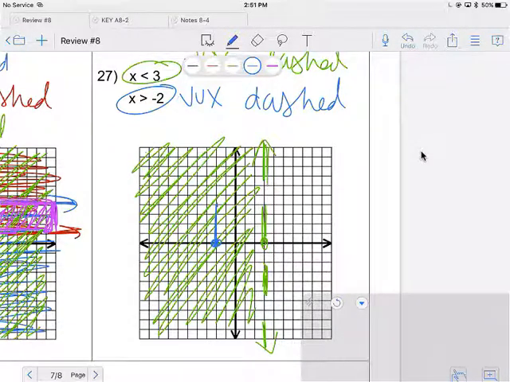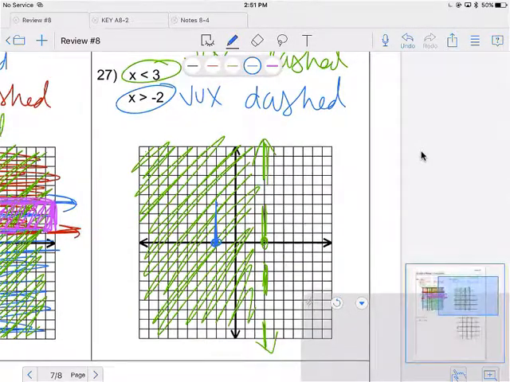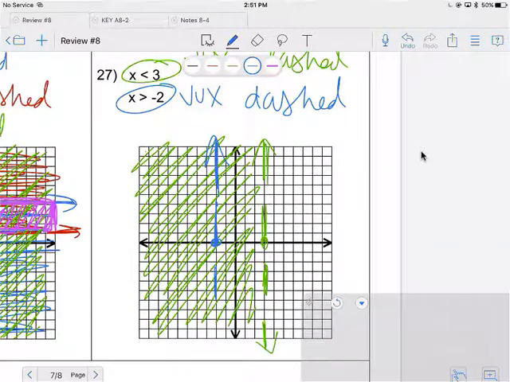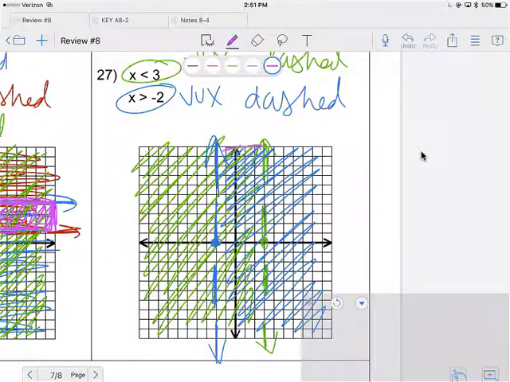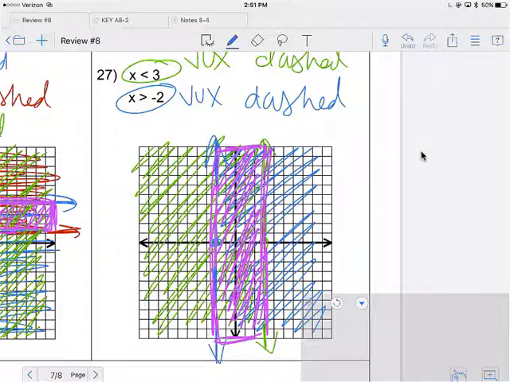This is another dashed line, so I go over to where X is -2, and I draw a dashed line, leaving some spaces. Greater than -2 goes to the right because anything bigger than -2, like a whole number, would be a solution. And this middle rectangle would be my solution set in here. So make sure that middle area is darker or more obvious, a different color or something like that.